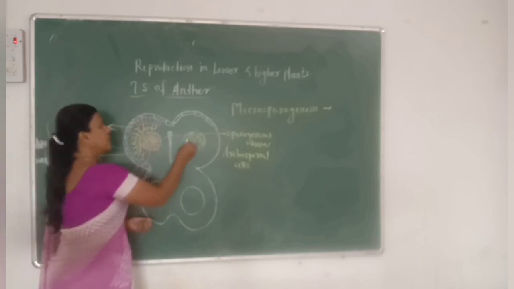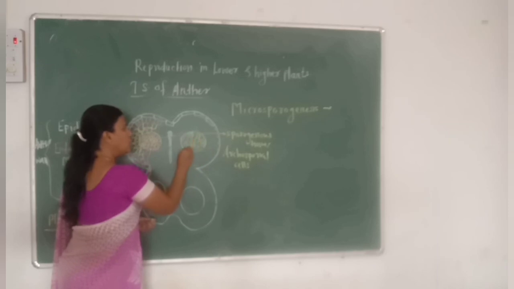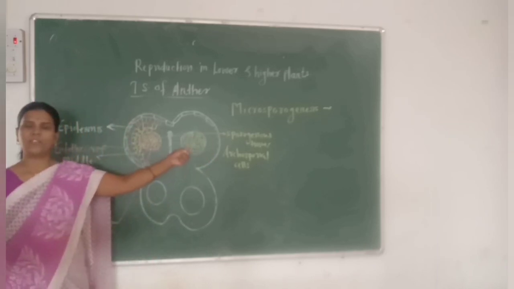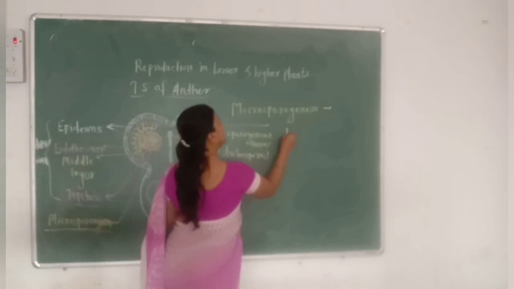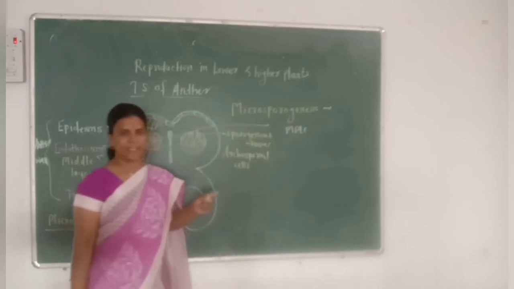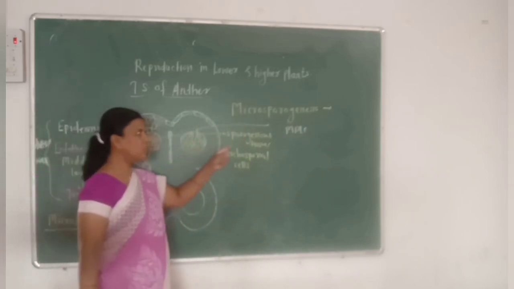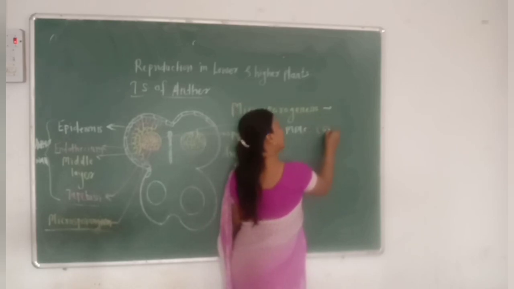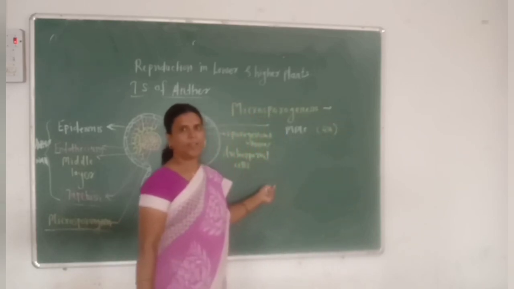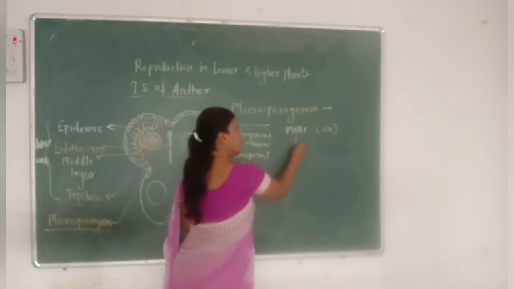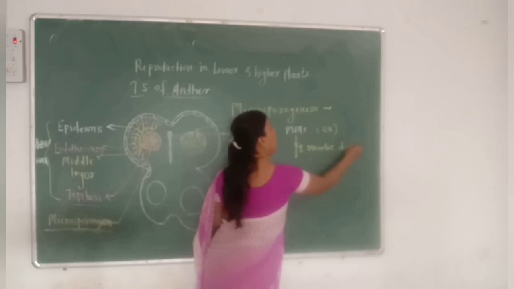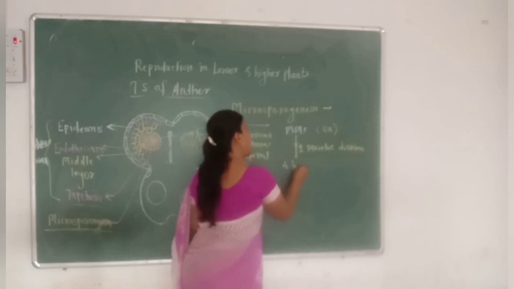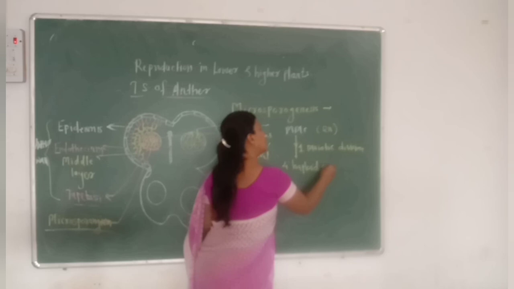Why? Because the anther grows inside. These archesporial cells we now call microspore mother cells. As they get separated from each other, these microspore mother cells are diploid in nature. Now at this stage, these microspore mother cells undergo meiotic division to form 4 haploid microspores.